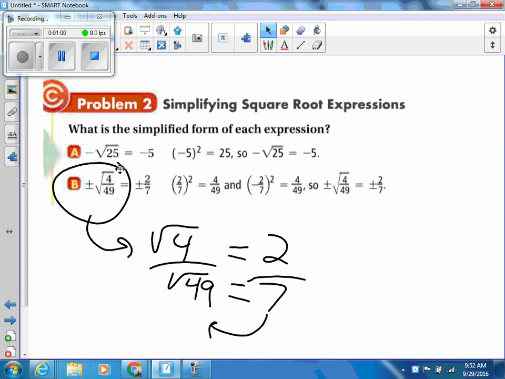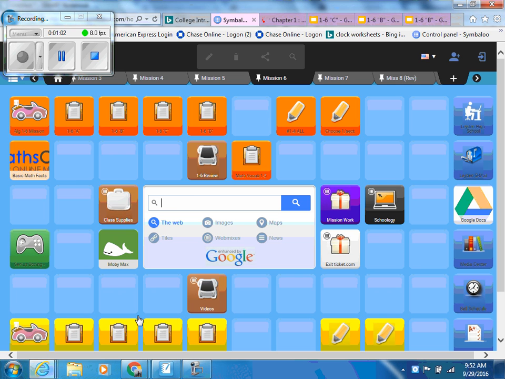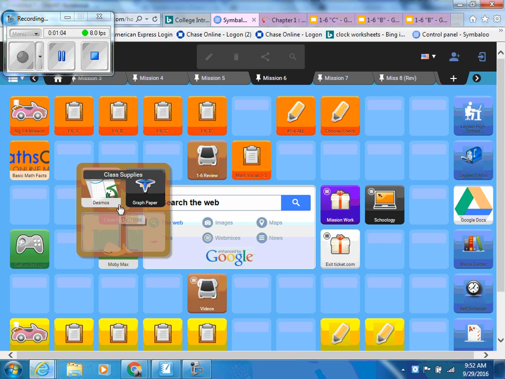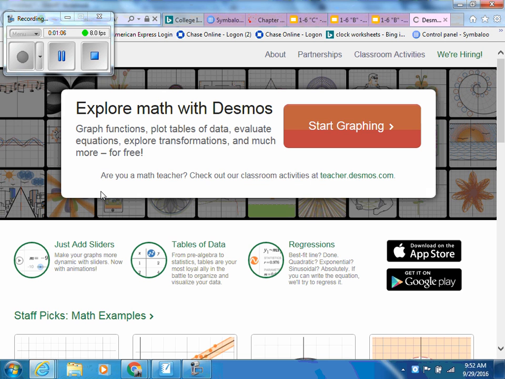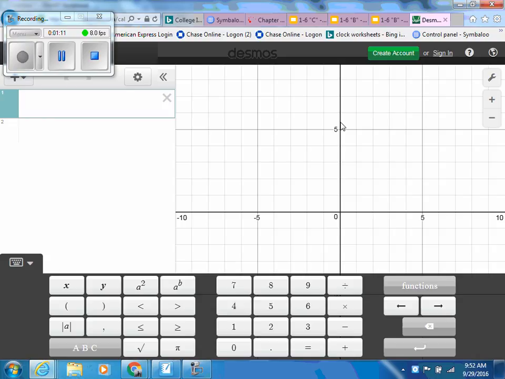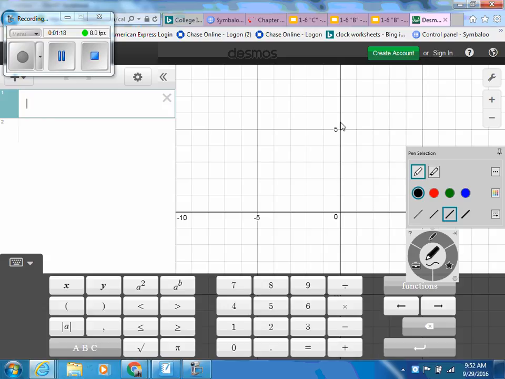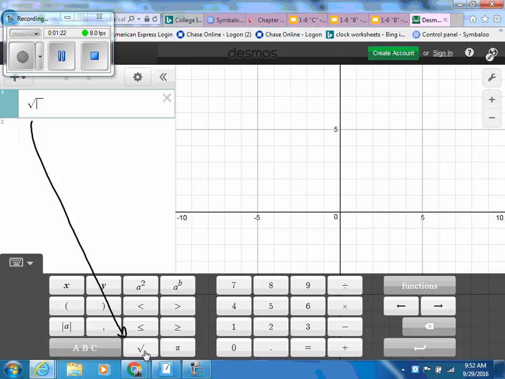I can also go to my handy dandy calculator, go into my briefcase of supplies, go into my calculator, hit start. Now you know how to get to it if you were confused. Square root button is down here, all the way down here. I'm going to click on it.